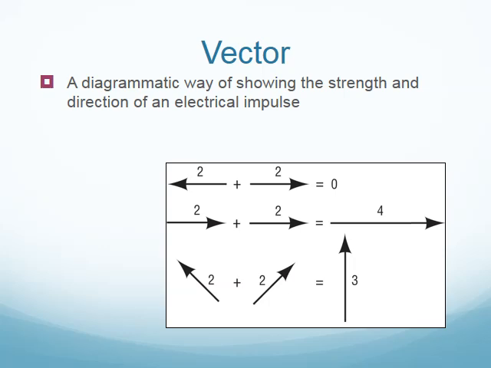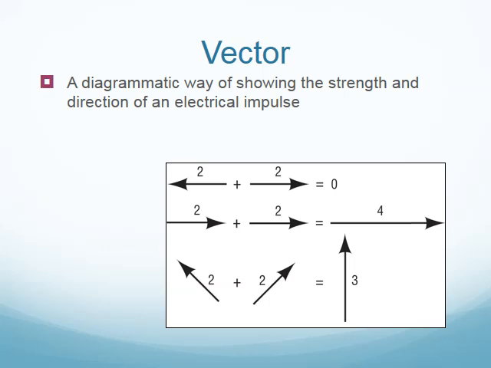When we add all those up, we can look at the direction or mean flow of electricity and determine what we call vectors. A vector is just a diagrammatic way of showing the strength and the direction of an electrical impulse. And we'll be able to determine the strength and direction of those impulses by looking at our EKG.